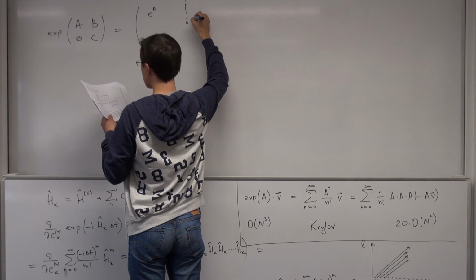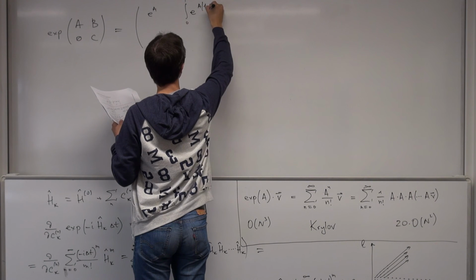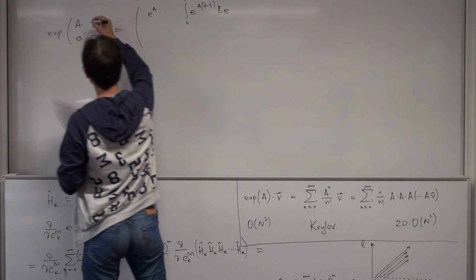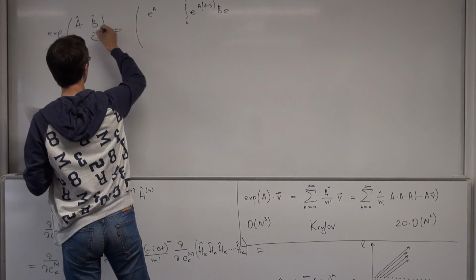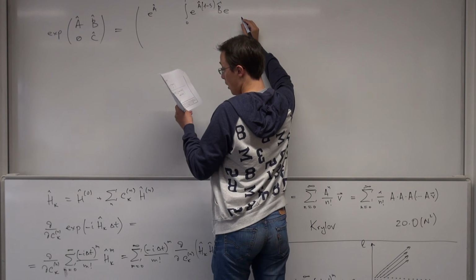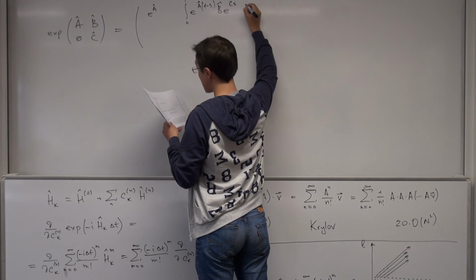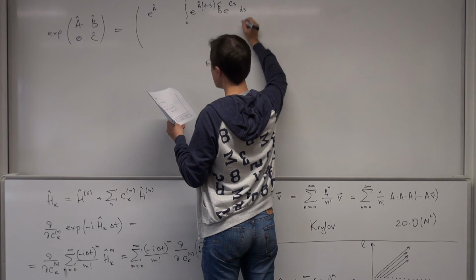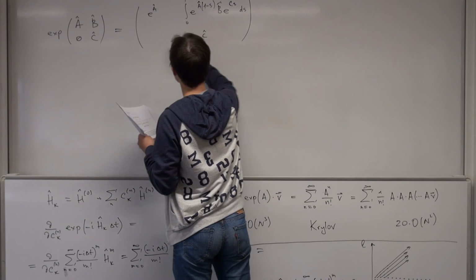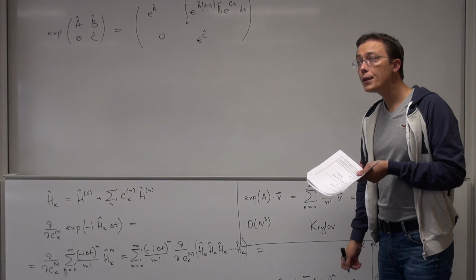E to the A, integral of E to the A(1 minus S) B E to the C S dS, E to the C, and then 0. I should put hats on these things that are operators to distinguish a matrix from a scalar. Well, you might reasonably ask, so what?